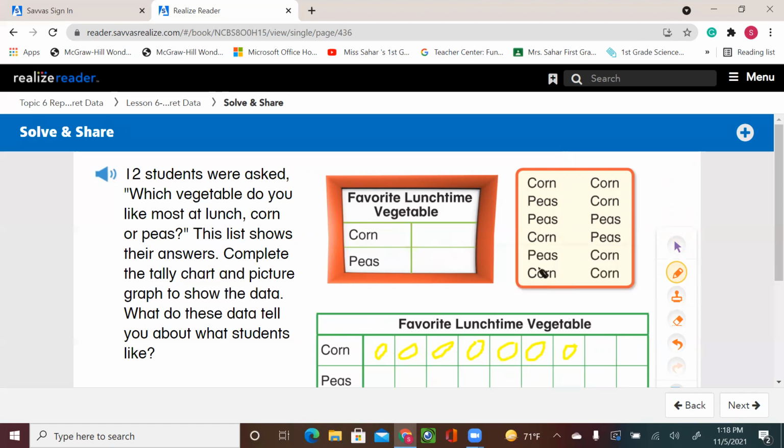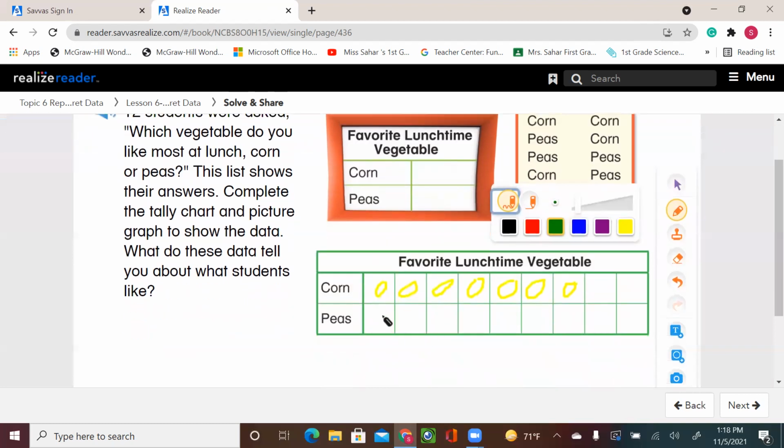Now for peas, let's count how many students chose peas. 1, 2, 3, 4, 5. So 5 chose peas. Let's go 1, 2, 3, 4, 5.